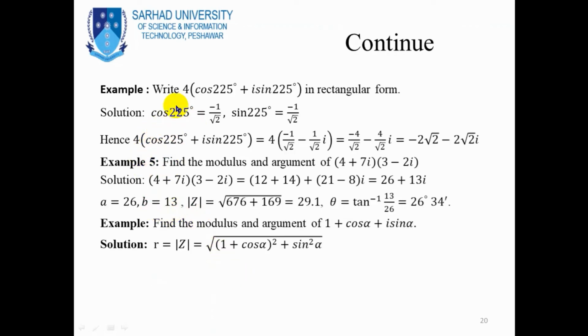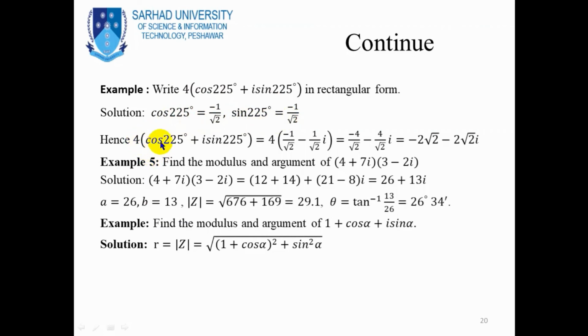Now another problem, 4 into cos 225 degree plus iota sine 225 degree in rectangular form. This 4 actually represents r and 225 degree represents theta. So cos 225 degree is equal to minus 1 under root 2 and sine 225 degree is equal to minus 1 under root 2.